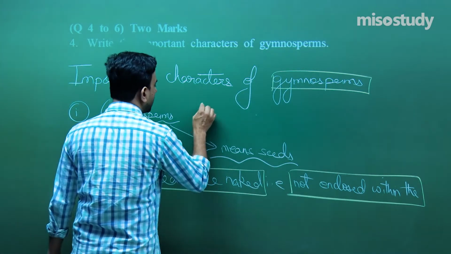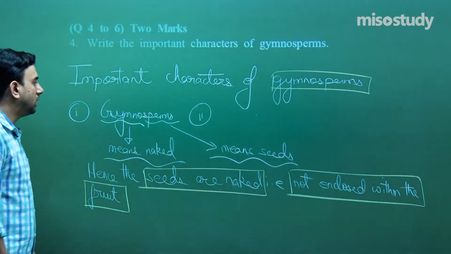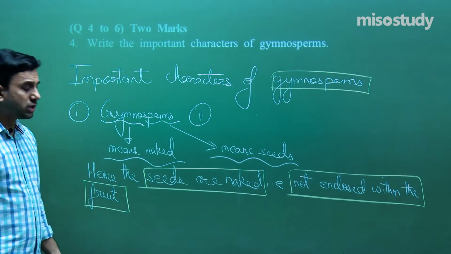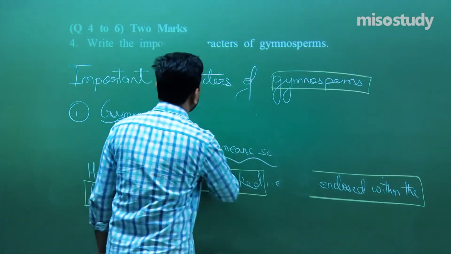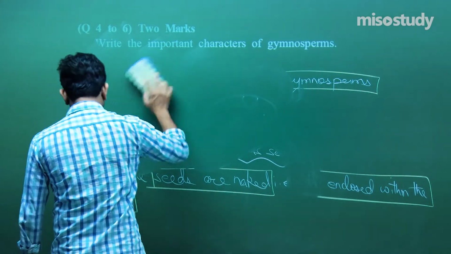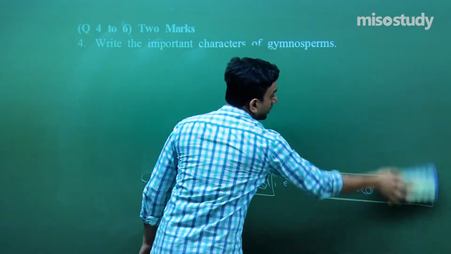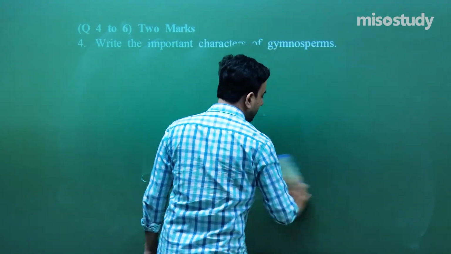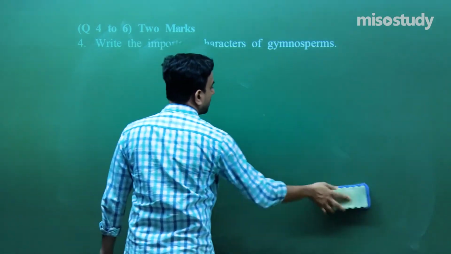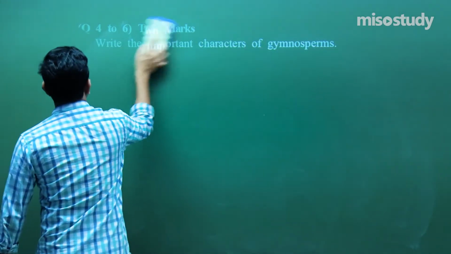Also, we will see that these are vascular plants, that is, well developed xylem and phloem will be present in the gymnosperms.